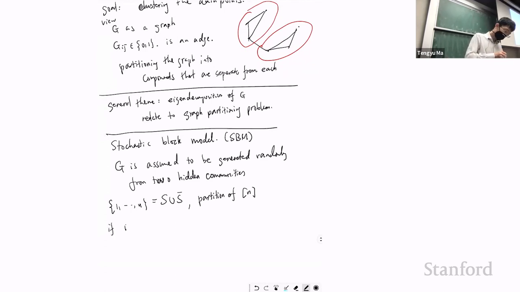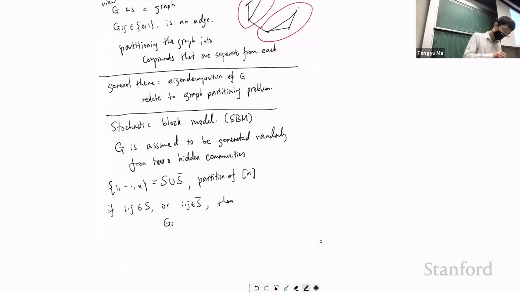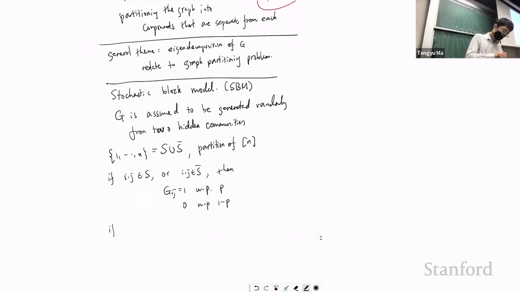So if i and j are both from S, or both from S bar, then Gij is 1 with probability p, and 0 with probability 1 minus p. Otherwise, if i and j are from different communities, then Gij is 1 with probability q and 0 with probability 1 minus q.